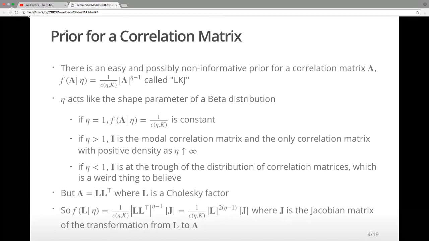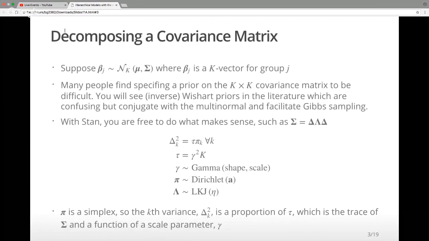And so its determinant is just the product of the diagonal elements, and all that is built into Stan anyway. And so it's preferable for numerical and computational reasons to use L rather than lambda, but it's a relatively easy modification to come up with a distribution for a Cholesky factor of a correlation matrix under the LKJ idea. And so that's ultimately how rstanarm is working.